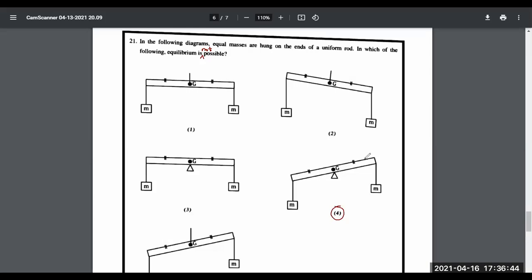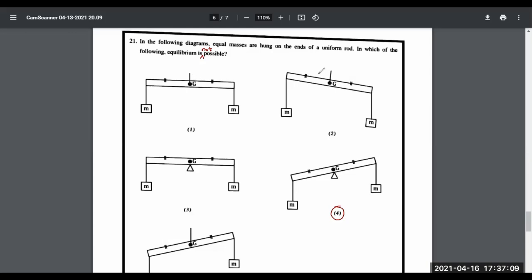Imagine you tilt the mass like this. What will happen? Here it will slip and fall down. But here it's not like that. It's hanging from the rope, so the rope can hold it. But here, if it slips, it will slip and fall down. Now here, it's flat and rested on this knife edge, so it will not slip.